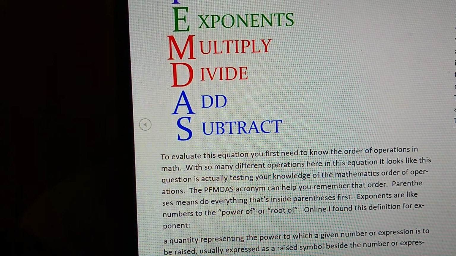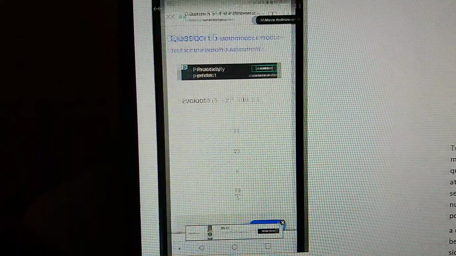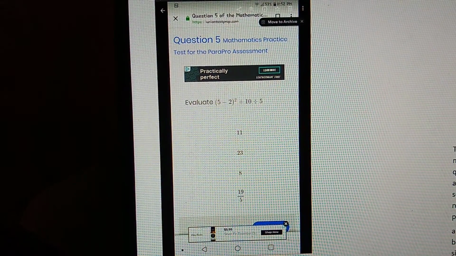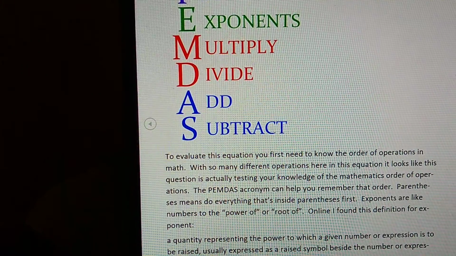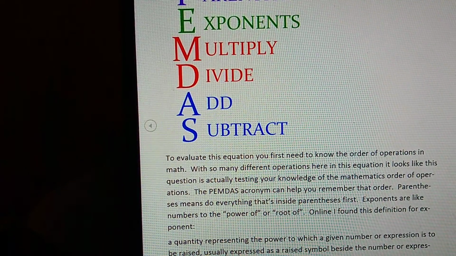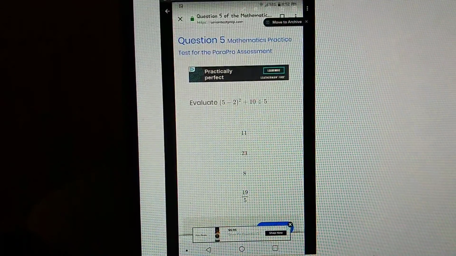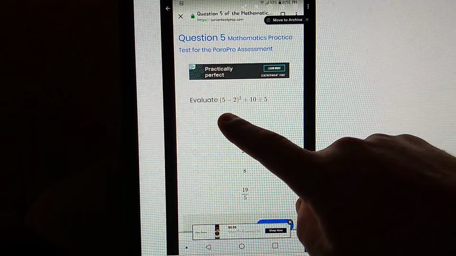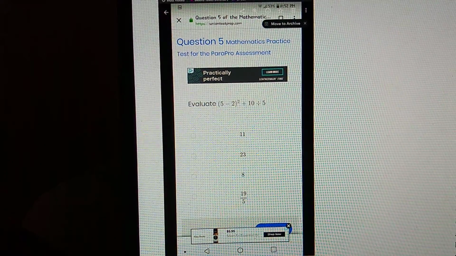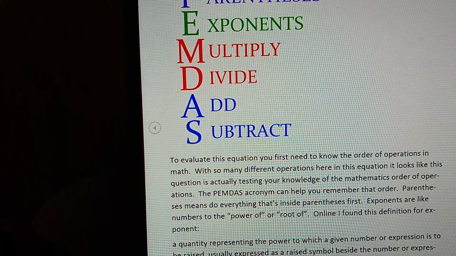So back to our question, we refer to the order of operations to get the correct answer. PEMDAS helps us remember the order. P, parentheses, means we first do 5 minus 2. As you see, 5 minus 2 is first. E is exponents.